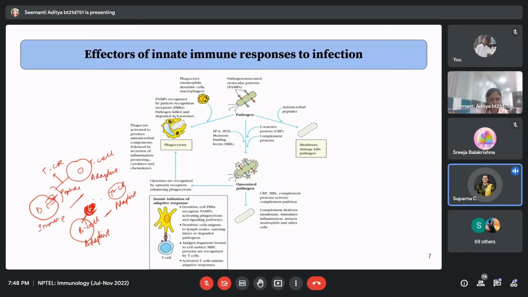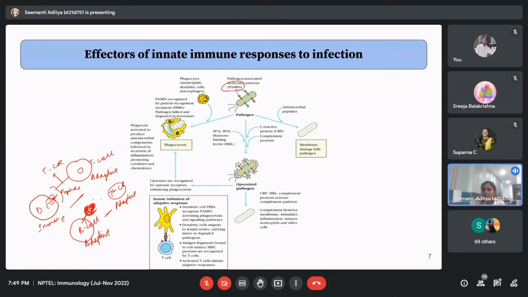One more doubt I have: the PAMPs present on the pathogen, which are recognized by the dendritic cells and macrophages, are the same PAMPs also helping the B cells to recognize them, or is it something else which initiates the B cell to identify the antigen?